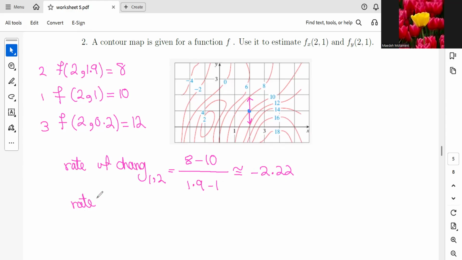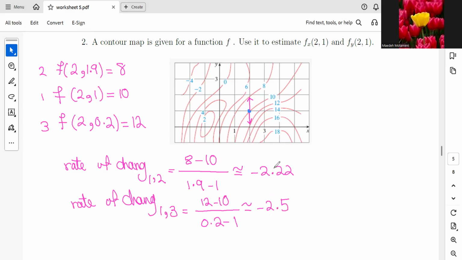And the rate of change for the point 1 and 3 is 12 minus 10 over 0.2 minus 1, which is approximately negative 2.5.